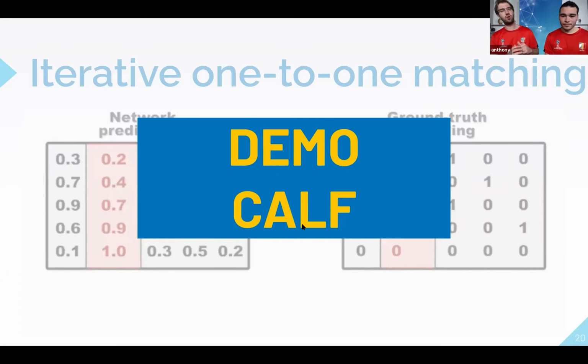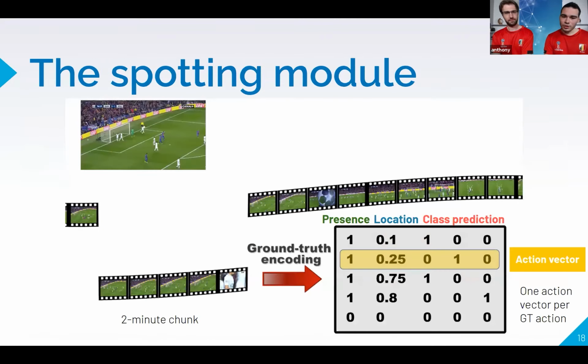And now Anthony will show in the code how it happens. Yeah, so before going into the demo, I just wanted to give the few differences that we have between SoccerNet-v1 and SoccerNet-v2 in terms of the network. When we went from 3 classes only to 17 classes, we had to increase the number of predictions that the network can do.